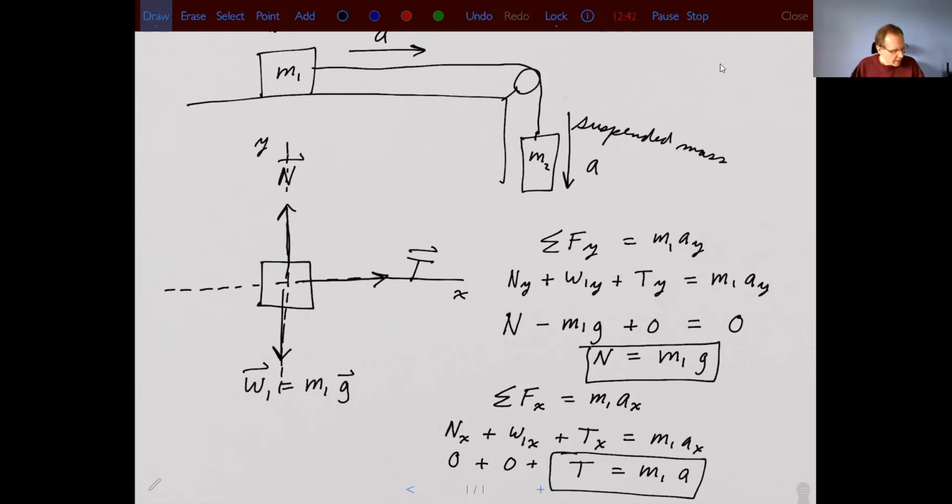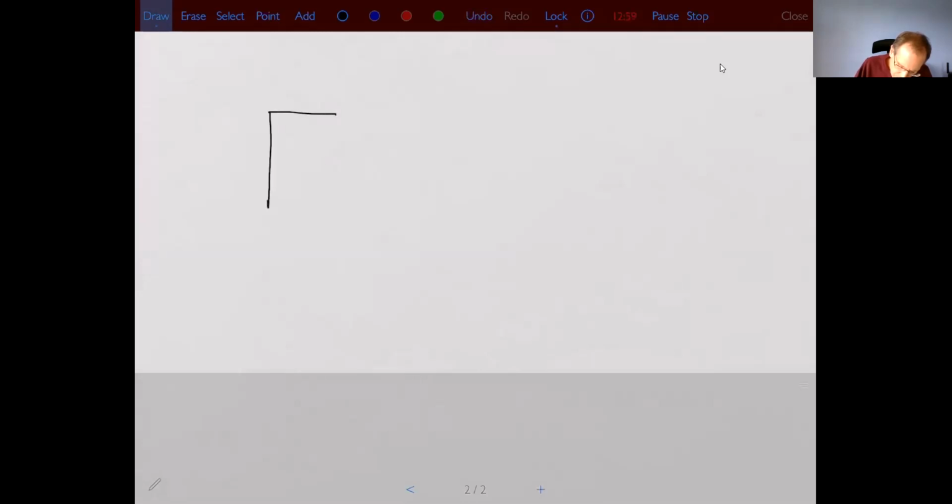Okay, so let's go now to the other object in our system, which is the suspended mass. And let's do a free body diagram for the suspended mass. All right, so here's my suspended mass. And what forces do I have acting on the suspended mass? Well, I have the weight, right?